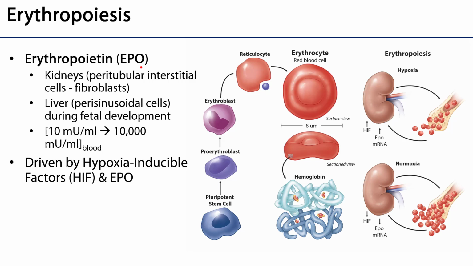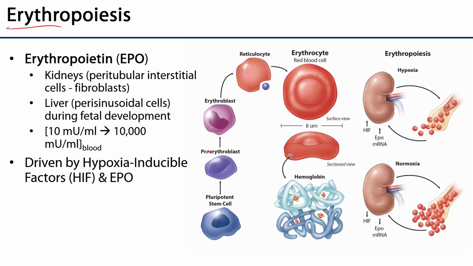So this process of erythropoiesis. Hemopoiesis is the process of the development of blood cells. Erythropoiesis is specific to erythrocytes. So this is beginning as a pluripotent stem cell.